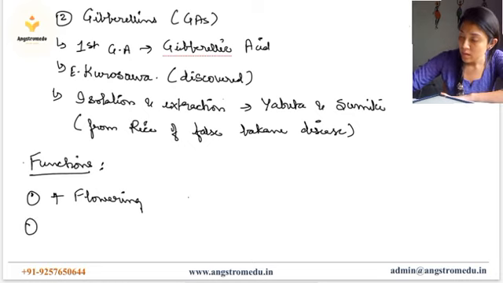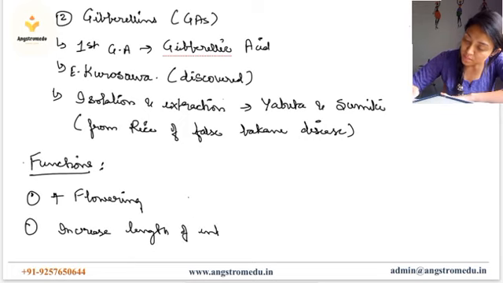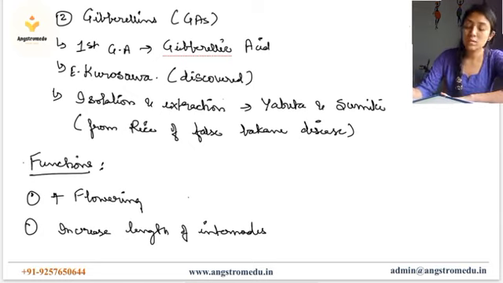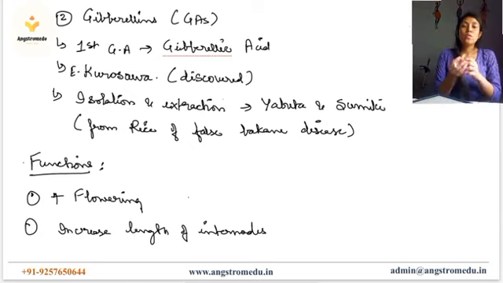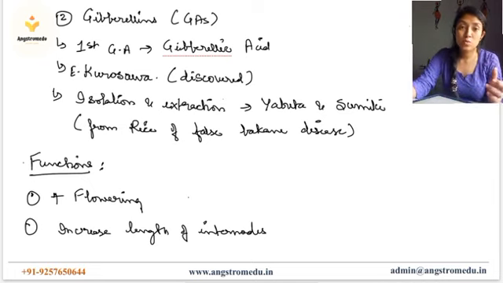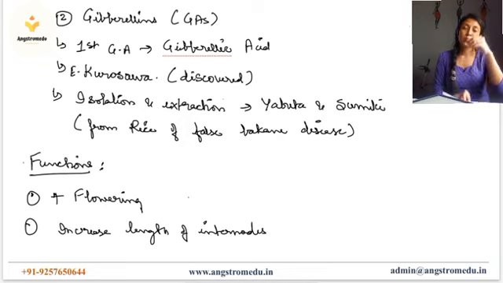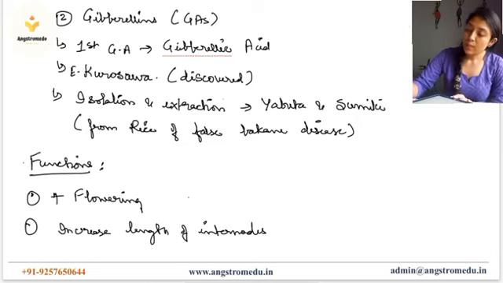Second, they increase the length of internodes, which means they increase the overall length of plants. So these are basically used by brewing industries, like with sugarcane, where gibberellin is externally sprayed on the sugarcane, and thus the sugarcane stem elongates more, so that the industries get more product.